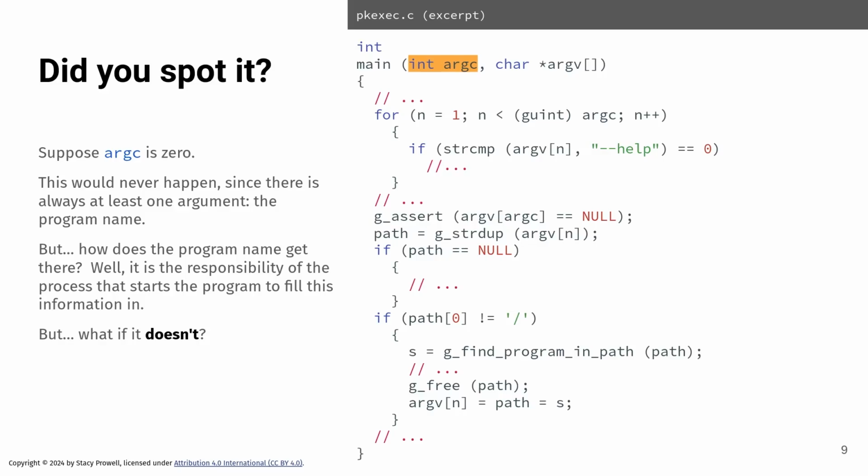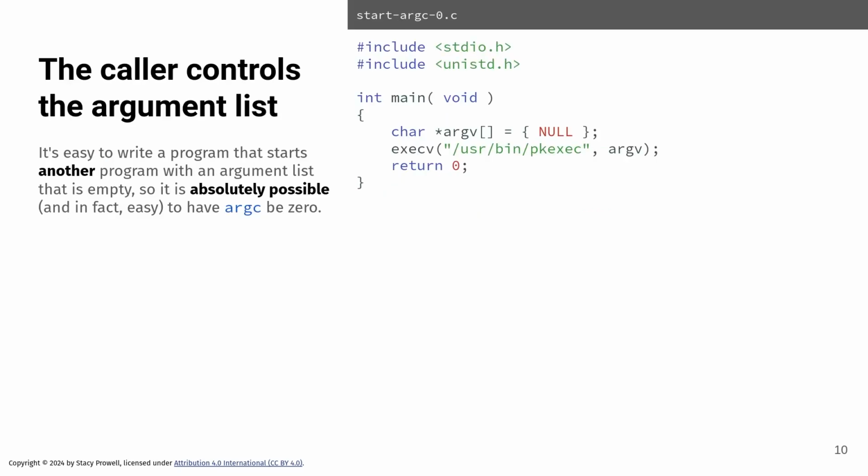Well, okay. I'll buy that. That sounds right. But then I have to ask, what enforces that? How does the program name get put in argv? Does the kernel do it? How does that happen? It turns out the caller has to do it. Okay?